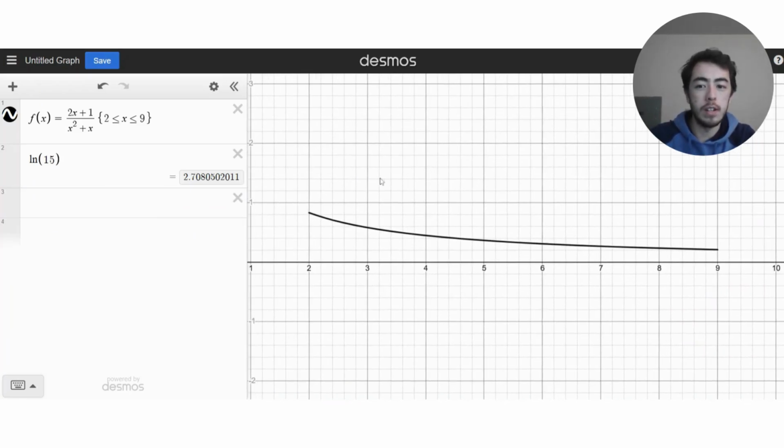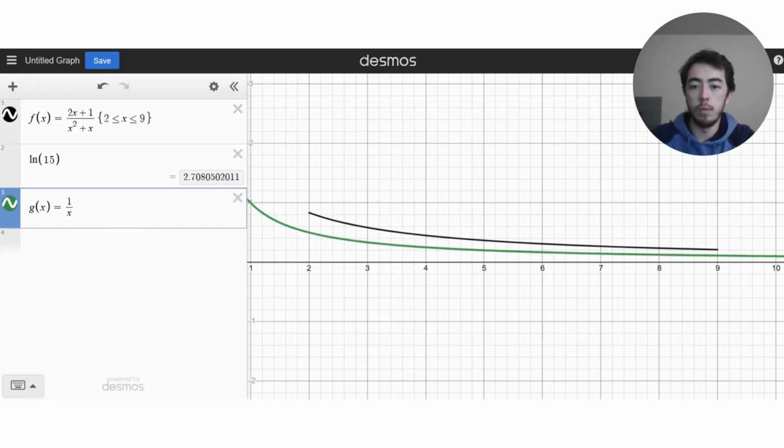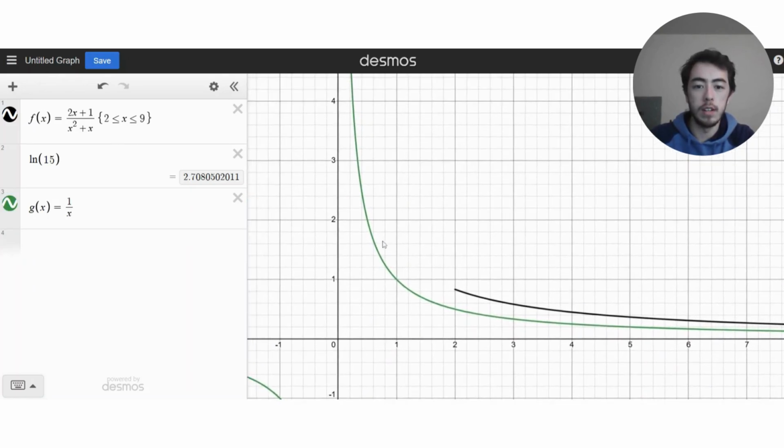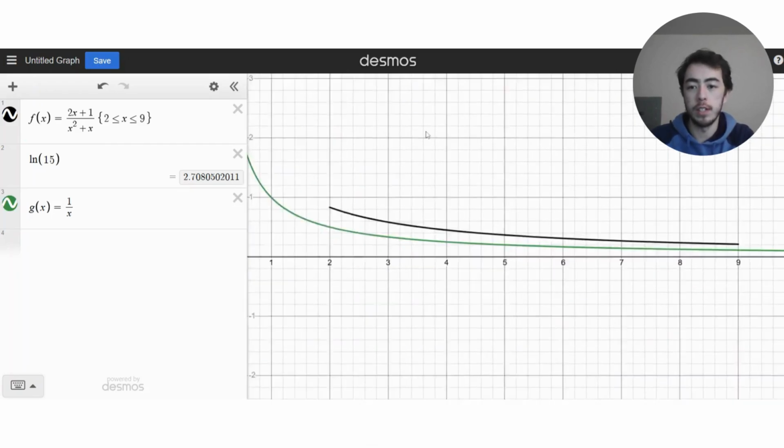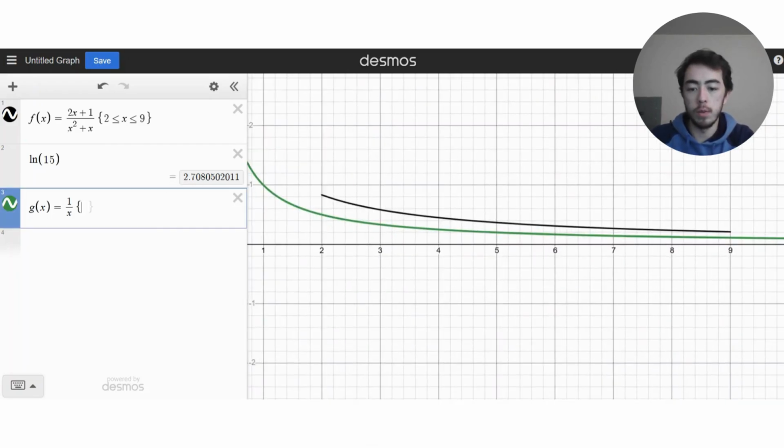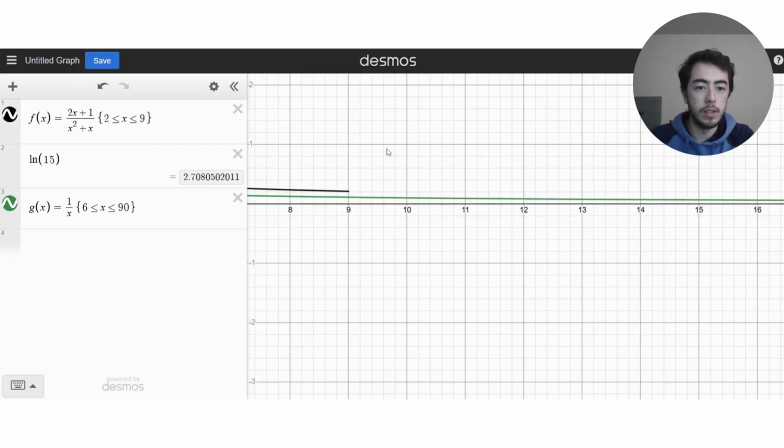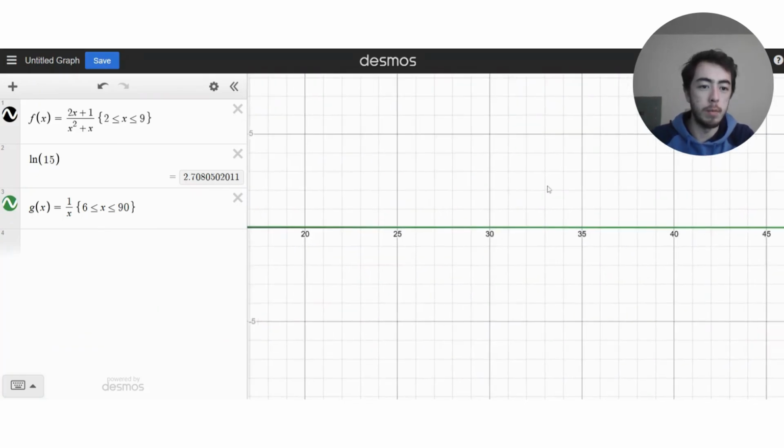And the other integral, the one that I actually took to get natural log of t earlier, was just the 1 over x, a pretty standard rational function. And those bounds were 6 to 90. And that's this one over here. And this one will go on for a long time because the upper bound is 90.